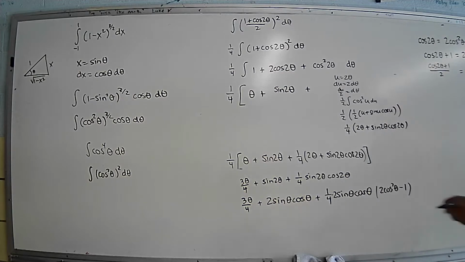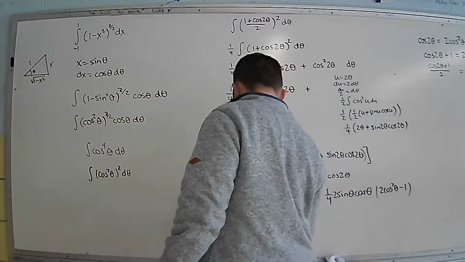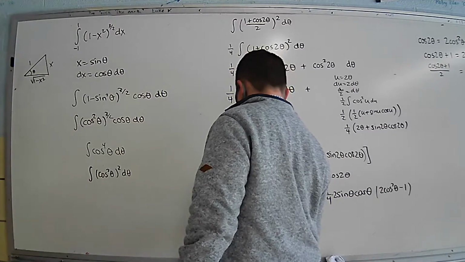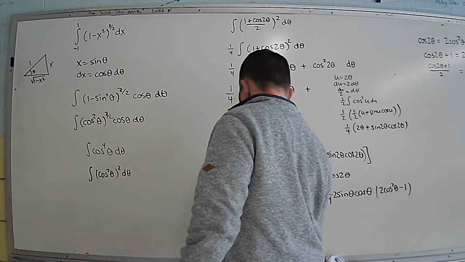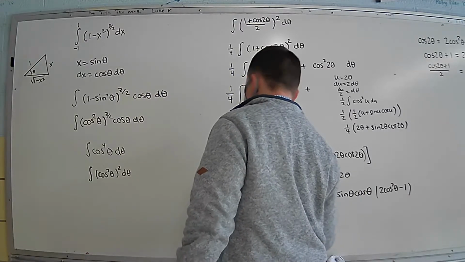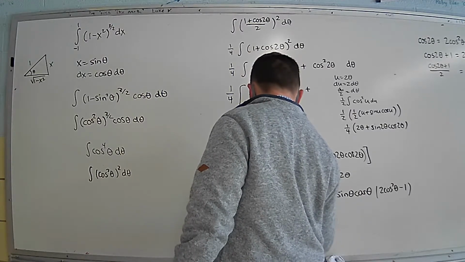So I put this back in terms of x. That's going to be 3 theta over 4. So 3 inverse sine of x over 4 plus 2 sine theta. Sine theta is equal to x.